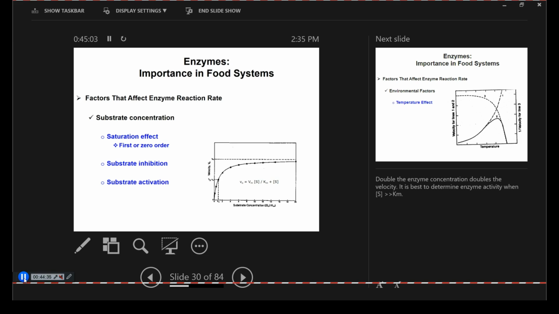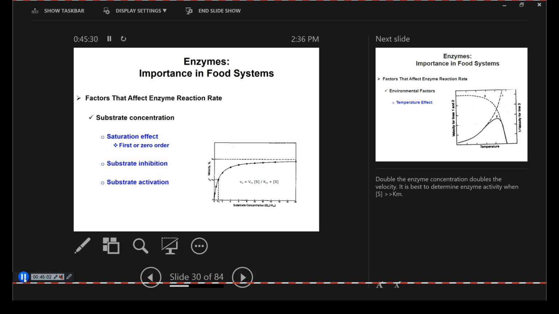So you also can have substrate inhibition or substrate activation. Substrate inhibition sometimes happens when you have a high concentration of a substrate, really high. The substrate is binding not only in the active site, but is binding in a different location on the enzyme as well. And once it binds at a different location on the enzyme, it can have two impacts.